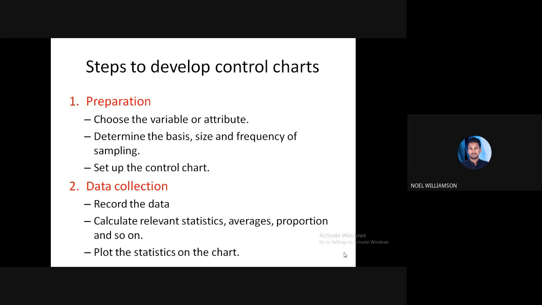After choosing the variable, then determine the basis, size and frequency of sampling. So on what basis we are selecting the sample, or how we take the sample, that basis. Then size of the sample, how much amount of sample is to be taken, and also frequency of sampling, at which frequency we have to select the sample, or from where the sample is to be taken.